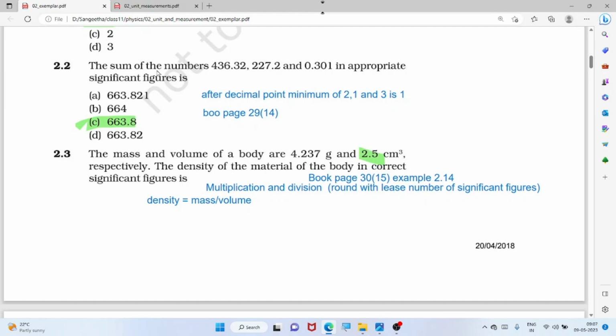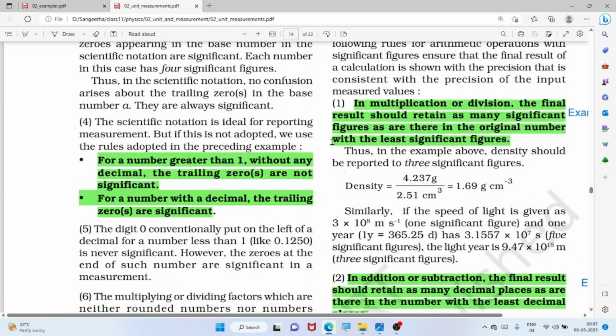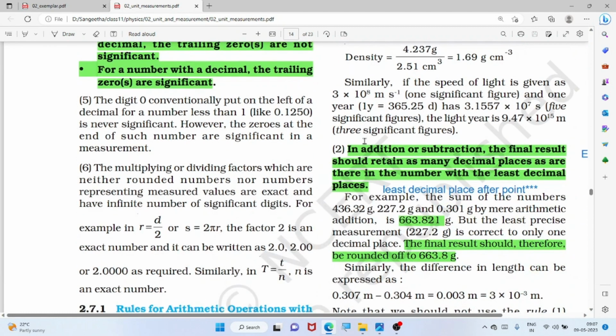So after adding, we should have only 1 digit after the decimal, 14. For addition and subtraction, the final result should retain as many decimal places as there are in the number with the least decimal places. So you have to take the least number of decimal places, and this is the rule.